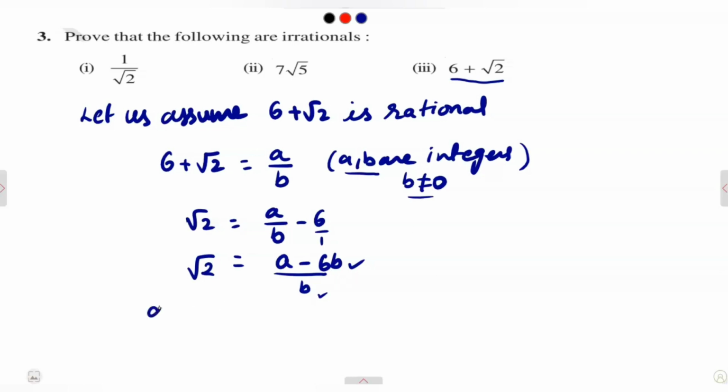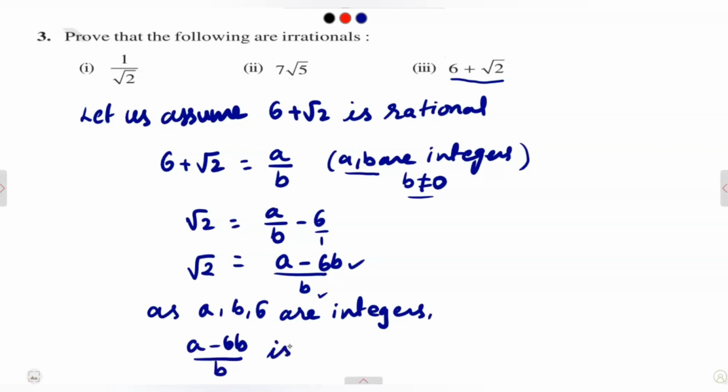As a, b, 6 are integers, a minus 6b by b is a rational number. But what is this a minus 6b by b?